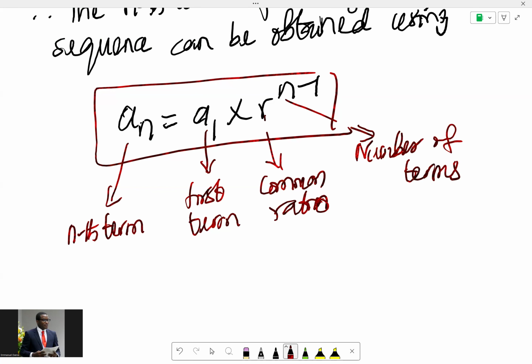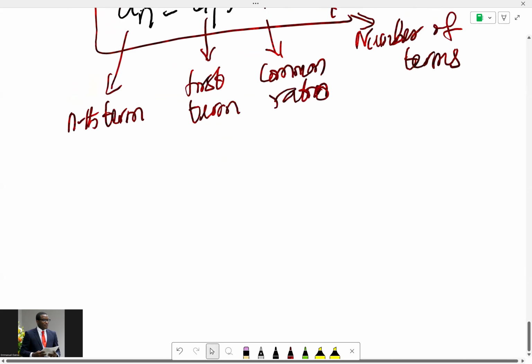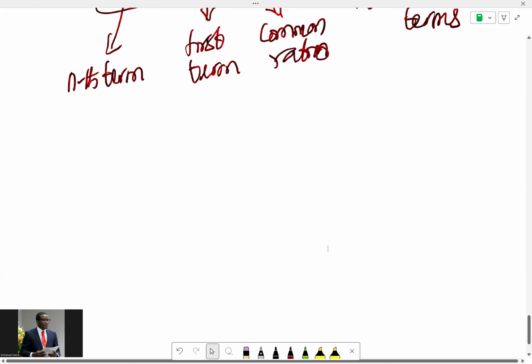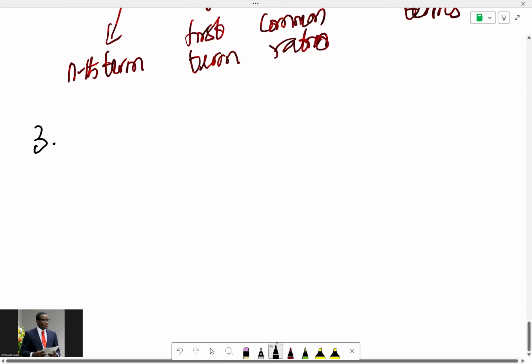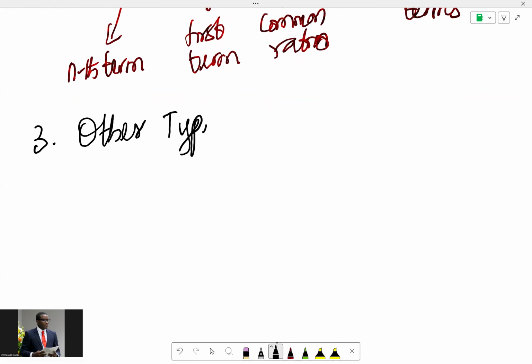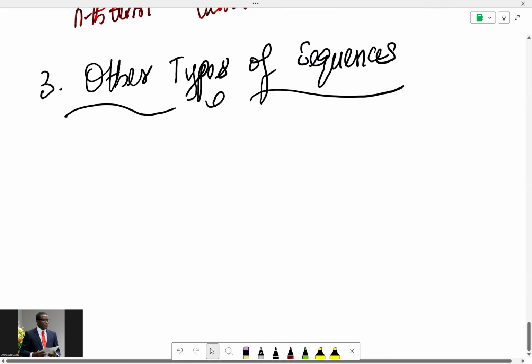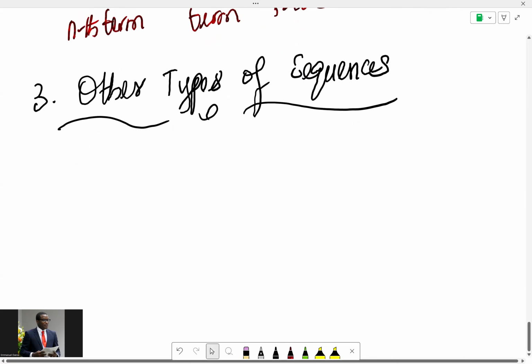All right, so those are two key important types of sequences. Can we see other types of sequences? That's number three now: other types of sequences. You can make up your own sequence, but just be able to follow a pattern.